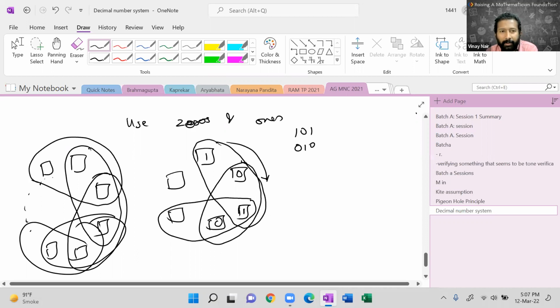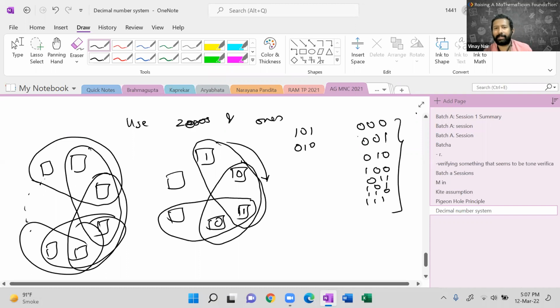When you do that, you should get all the possibilities: 000, 001, 010, 100, 011, 101, 110, 111. You have to get all these possibilities. It's not necessary that you get them in the same order. You can get them in any order, so it can be a jumbled version also.